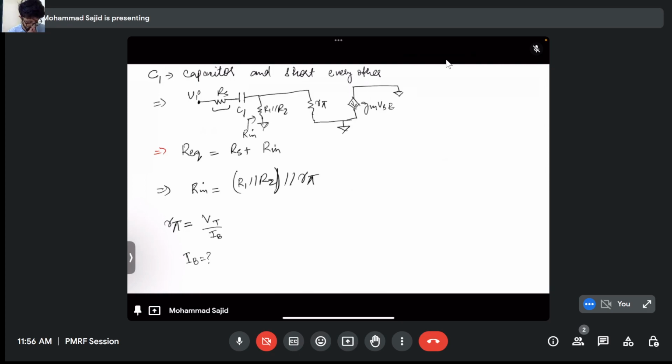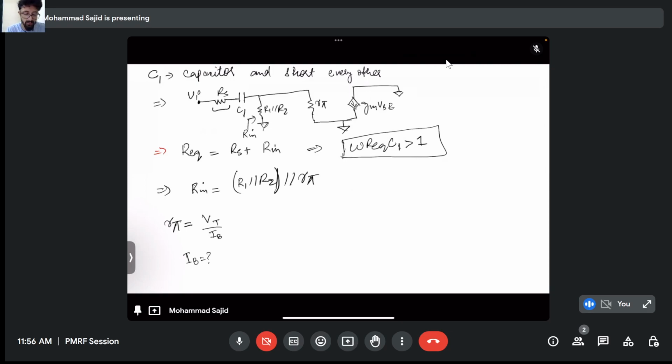Why have I chosen R equivalent? Then omega R equivalent C1 should be greater than or equal to 1, and this will help us find the lower cutoff frequency. So let's see. We have to find IB first.